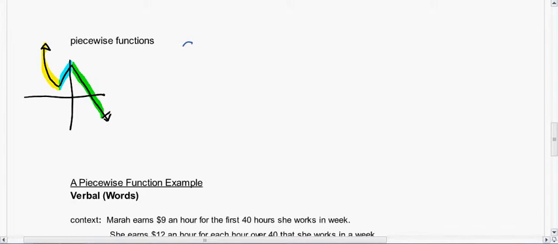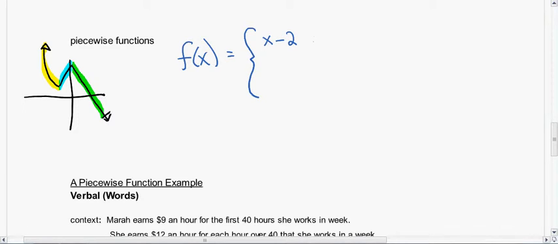For example, here's a piecewise function f of x, and it's going to be defined this way. I am not going to write just one equation for a piecewise function. I'm going to need a couple. So here's a piecewise function that has two components. The first component is going to be x minus 2.